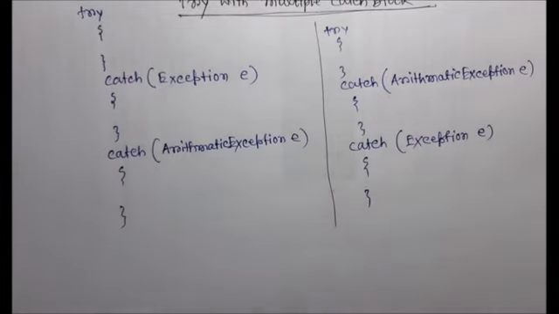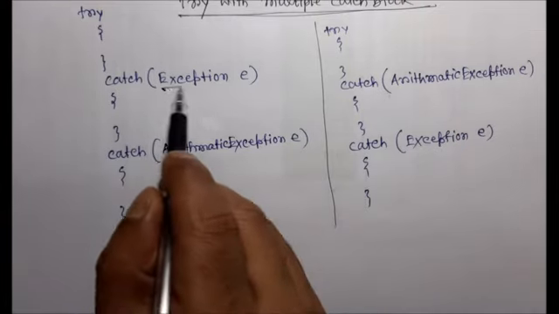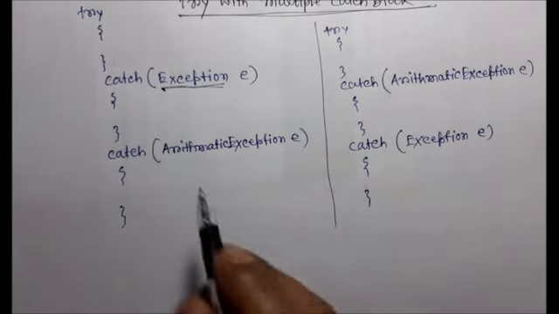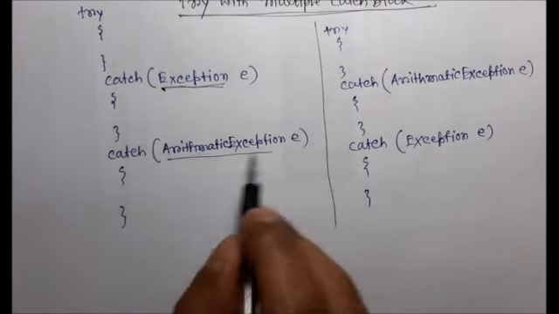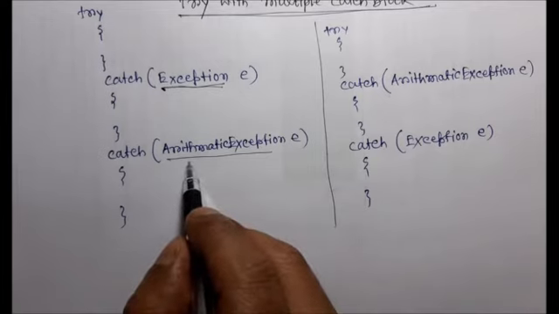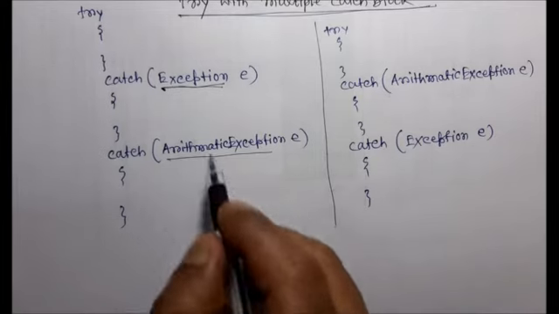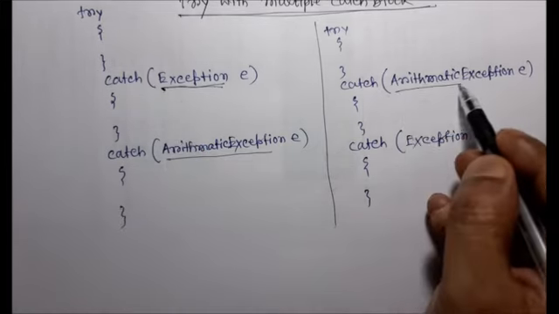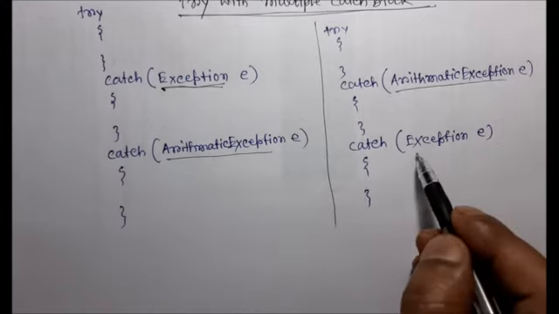I have already covered the hierarchy of the exception class. So in this example, look at this. First we have written Exception. Exception is a super class compared to the ArithmeticException class, because it is a runtime exception, and the super class of ArithmeticException is the Exception class. But here first we have to write the child class, then the super class.